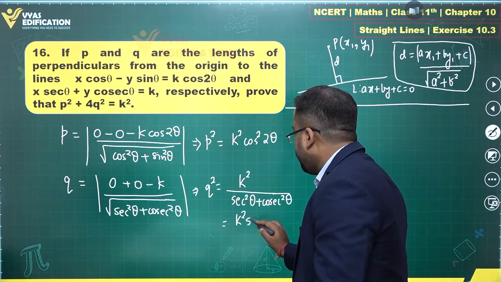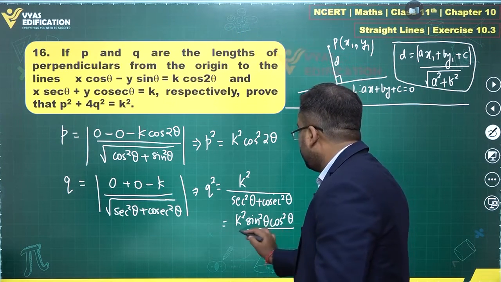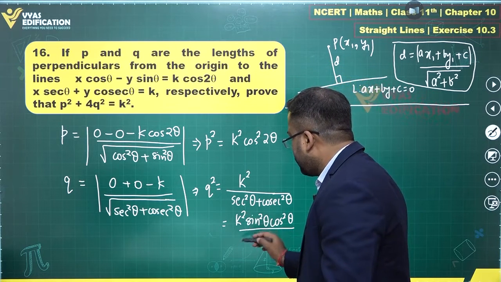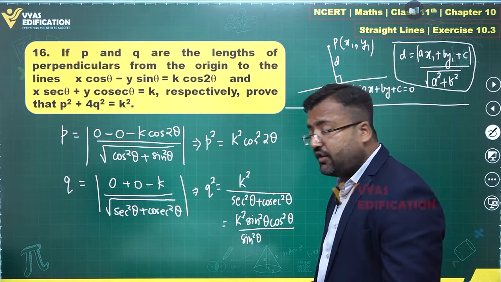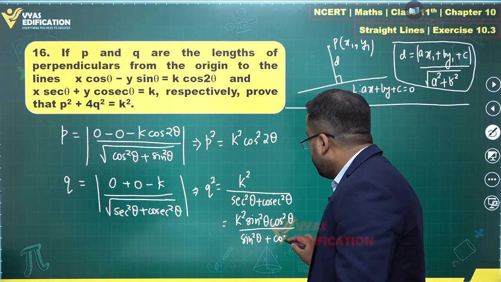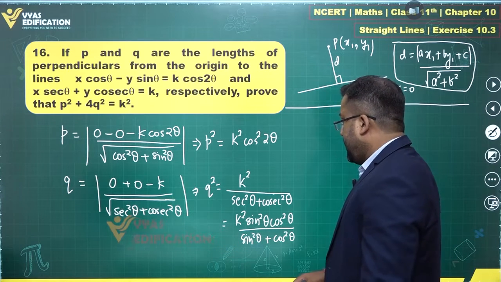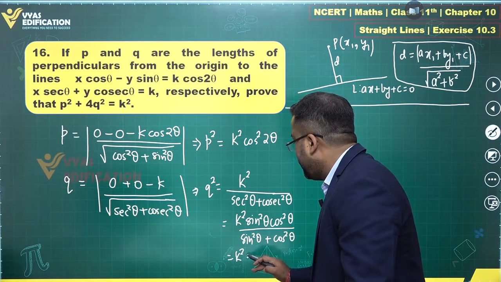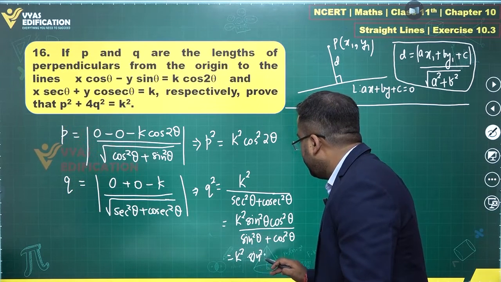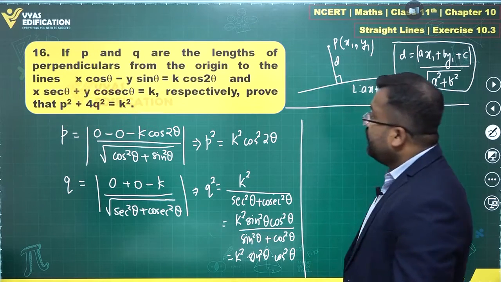This becomes k square sine square theta cos square theta, because here in the denominator you have 1 upon cos square theta, this will be equal to sine square theta. On multiplying by sine square theta cos square theta, this will become cos square theta. Denominator is simply equal to 1, yes. Okay, this is pretty simple. This is k square times sine square theta times cos square theta. This is what I have. Now what are we looking forward to?